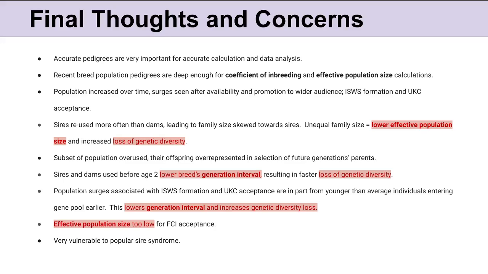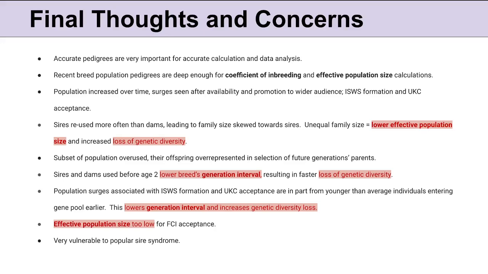Like I already said, recent breed population pedigrees are deep enough for coefficient of inbreeding and effective population size calculations. Our population of Silken Windhounds has increased over time, and we see surges after availability and promotion to a wider audience, specifically with ISWS formation and UKC acceptance. So this is a good thing.